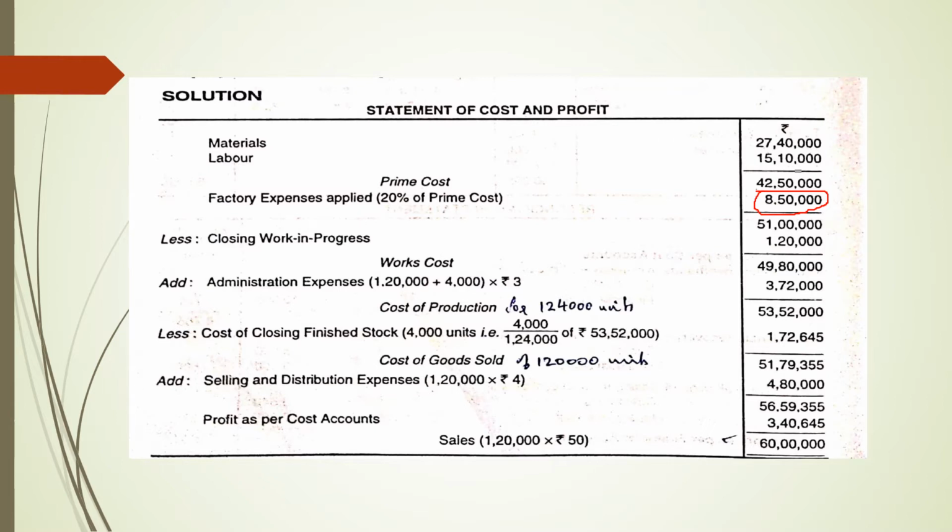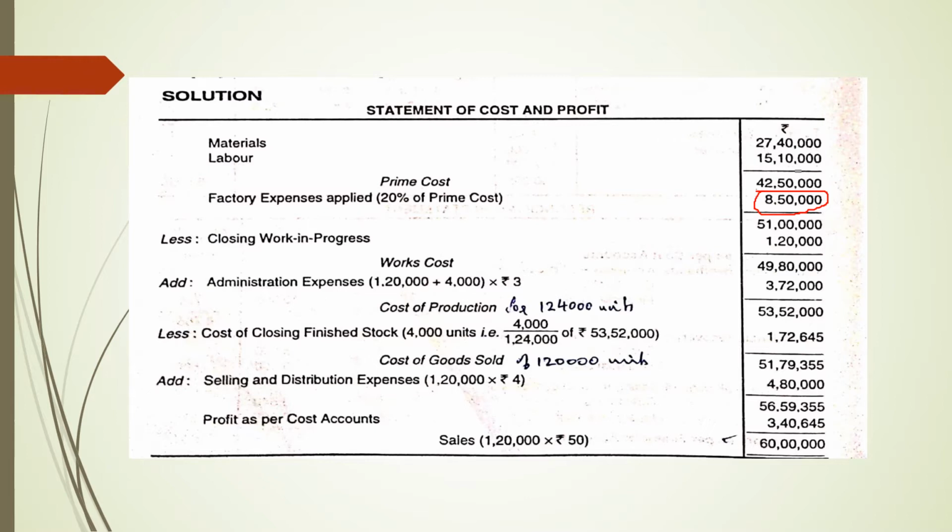So that amount is to be deducted from the total of prime cost and factory expense. We get the total work cost, 49 lakh 80,000.